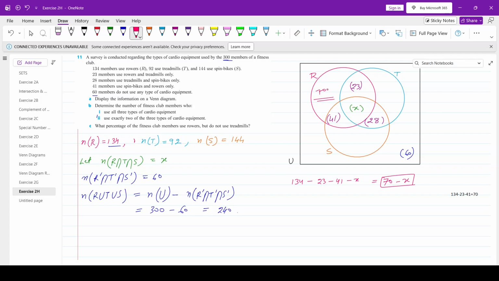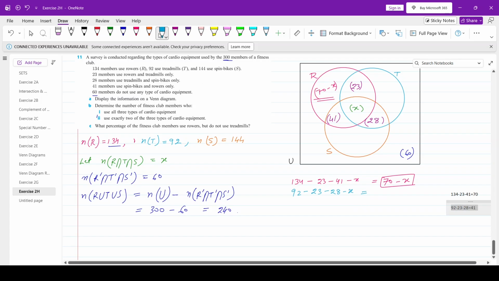So we can write 70 minus x. The number here will be 92 minus 23 minus 28 minus x. So that is going to be 92 minus 23 minus 28. So it will be 41 minus x.